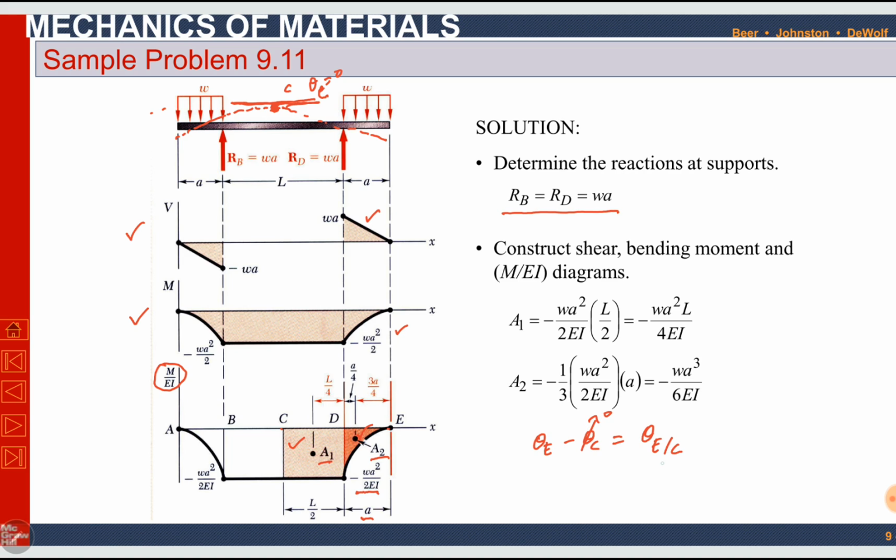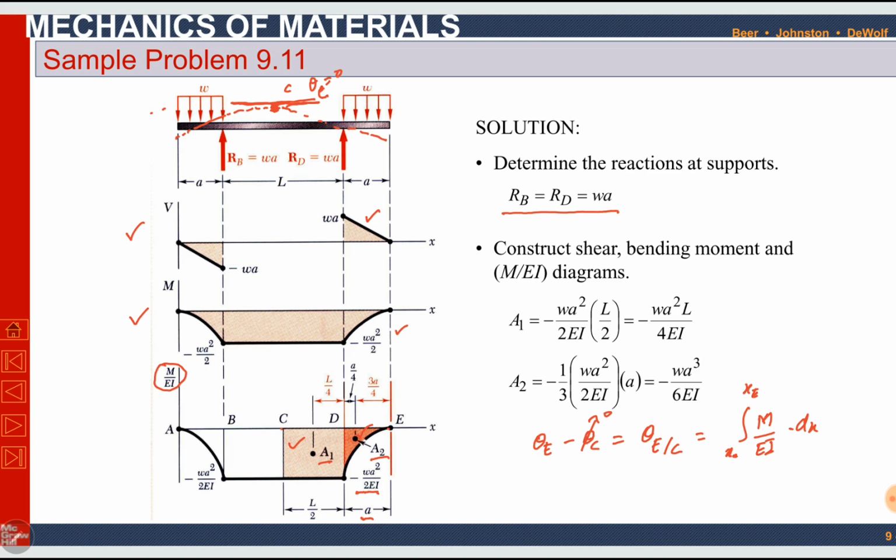Theta C is 0, so theta EC is equal to theta E, and theta EC will be area under, using first moment area theorem, M over EI diagram between C and E. So between C and E we already have these two areas, A1 and A2.